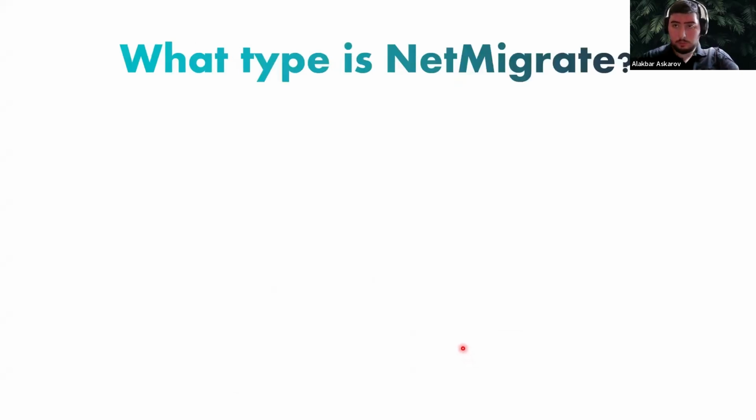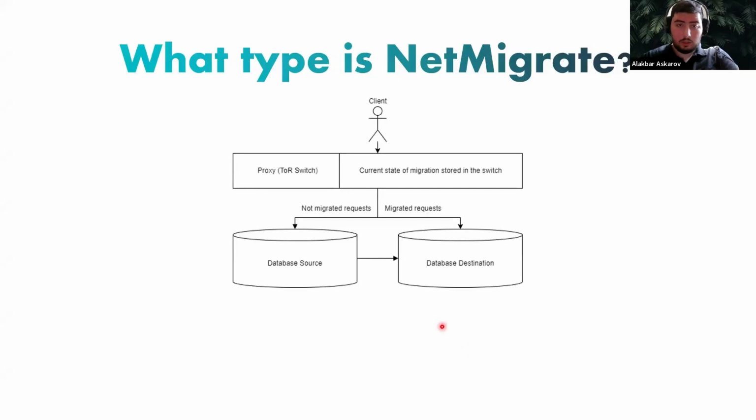So NetMigrate itself is kind of hybrid, but they added this programmable switch where the current state of migration is stored, and it decides whether to send the request to the destination or the source.